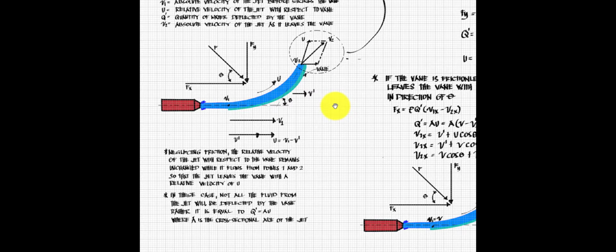For the value of your Q, since the vane is also moving, not all the water is being absorbed, some of the water is being deflected by the vane and some is not, so there's a portion of it. To get that, we have the volume flow rate that is being deflected by the vane, multiplied by the cross-sectional area of the jet, at this portion, then multiplied by the relative velocity of the vane.